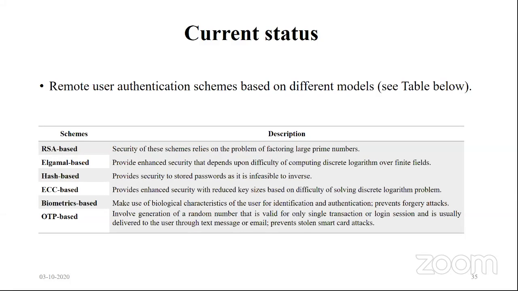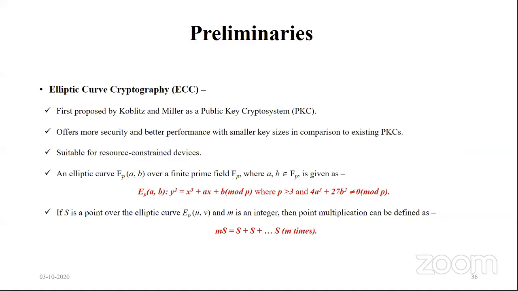But there is a lack: if the device is stolen, then an attacker can actually get the OTP and use it to get involved in the communication. So we mainly focused on elliptic curve cryptography for developing the remote user authentication mechanism.